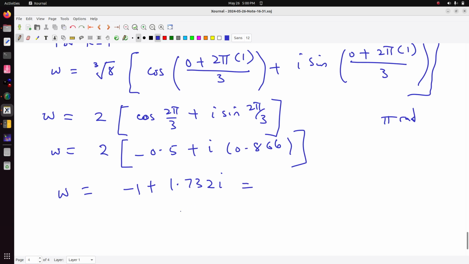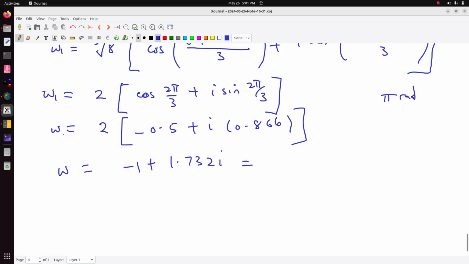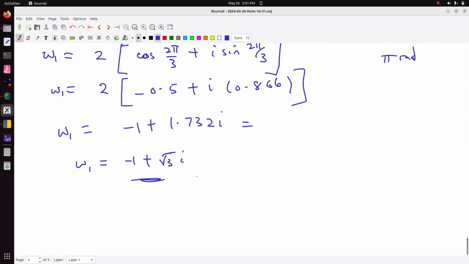So it means you can write the second root. The first root we got, let me call it 0, and this is 1. So the second root can be written as minus 1 plus root 3 i, because root 3 is 1.732.